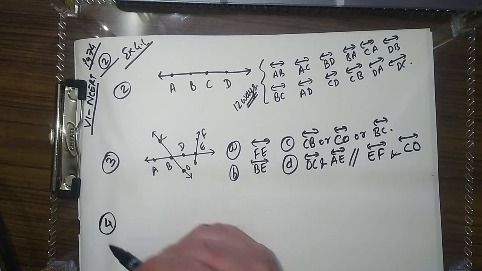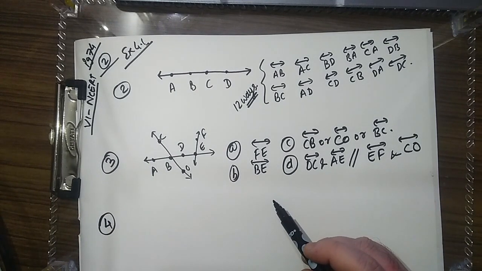Question number 4. How many lines can pass through: A, one given point, and B, two given points.